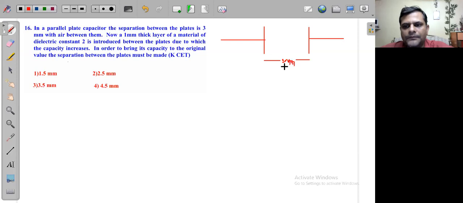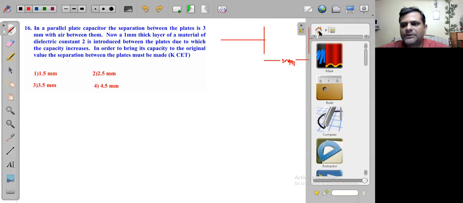Now a 1 millimeter thick layer of material of dielectric constant 2 is introduced between the plates, due to which the capacity will increase. So that means a layer of 1 millimeter we have introduced here.